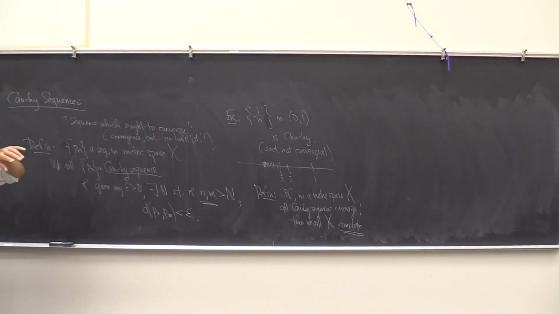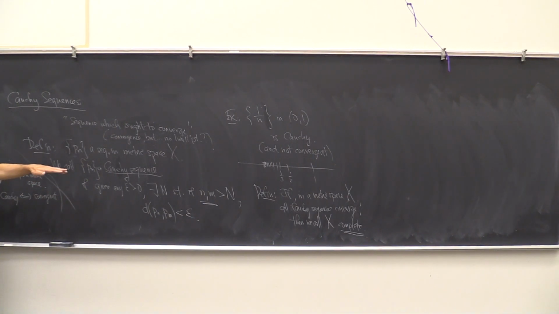Okay, so in that sense, right? In a complete metric space, Cauchy is the same thing as convergent, right?